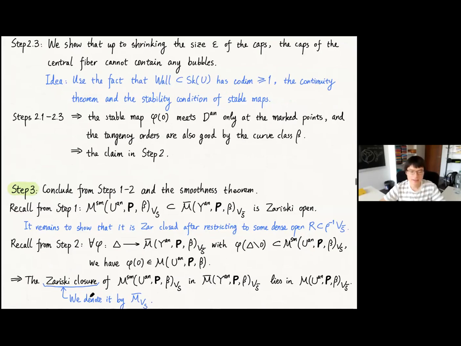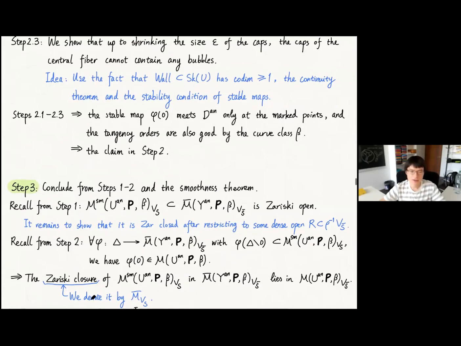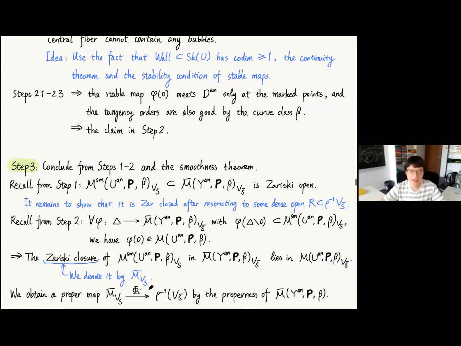And let's denote this Zariski closure temporarily by M bar Vs, and we obtain a proper map phi I restricted to this Zariski closure by the properness of the moduli stack M bar.